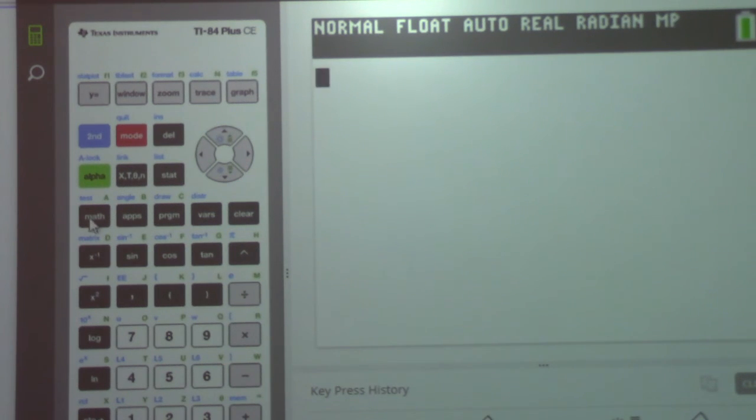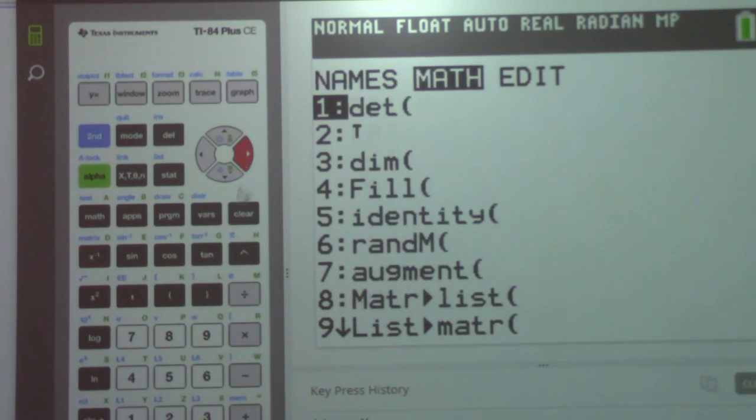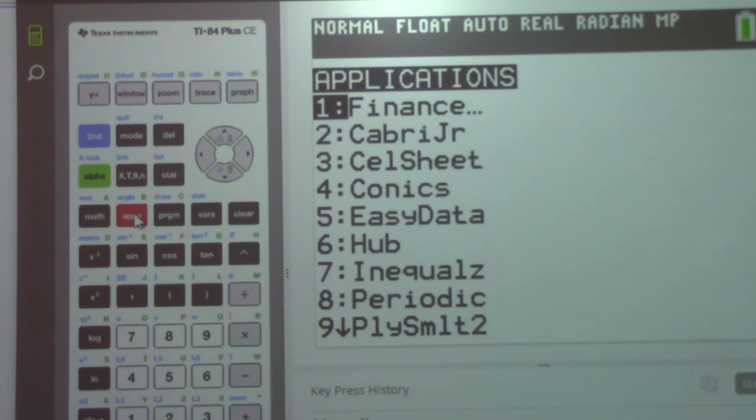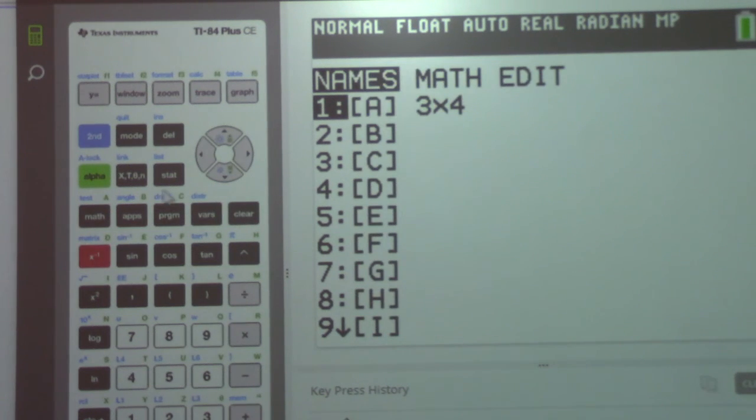So now we're going to go to second matrix, go to math, go to alpha. You press second. Oh, okay, I need to go to alpha there, right? Alpha B. Oops. Oh well. We go over here again.